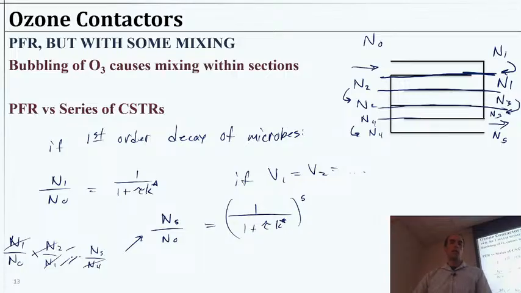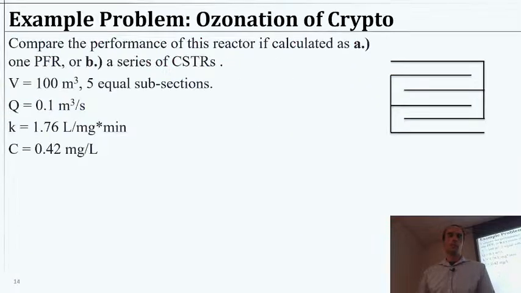That's a little more practical, a little more typical modeling of an ozone contactor. So this time I think I will give you a moment to calculate this. So let's just calculate: A, this system with a plug flow reactor, and B, this system as a series of 5 equal size CSTRs.